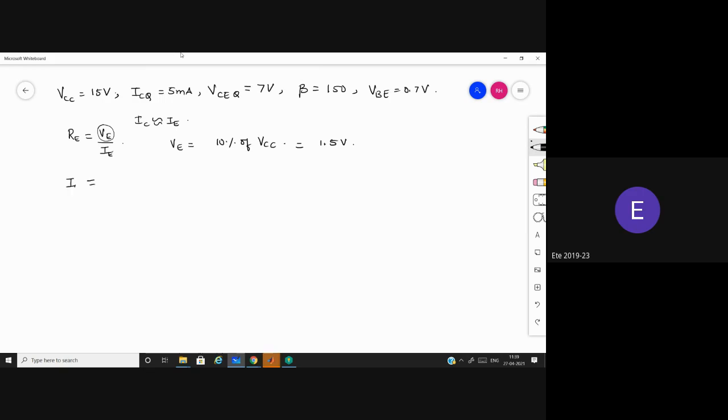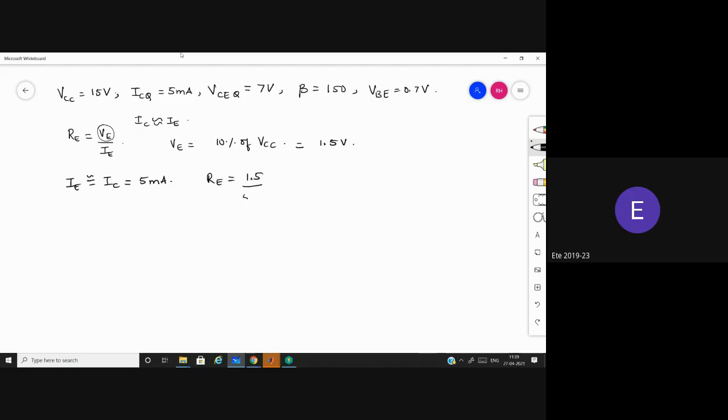IE is approximately equal to IC, which is equal to 5 milliamps. So now RE is equal to 1.5 divided by 5 into 10 to the power of minus 3. 300 ohm.